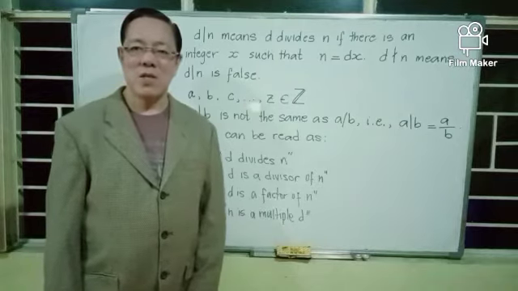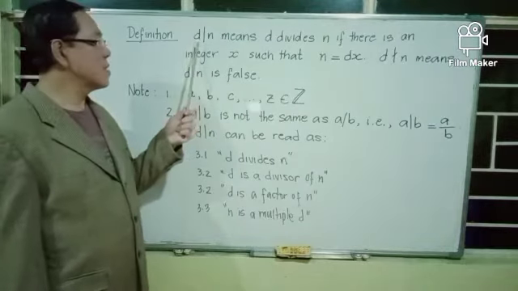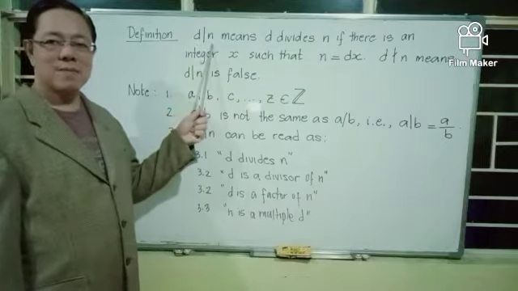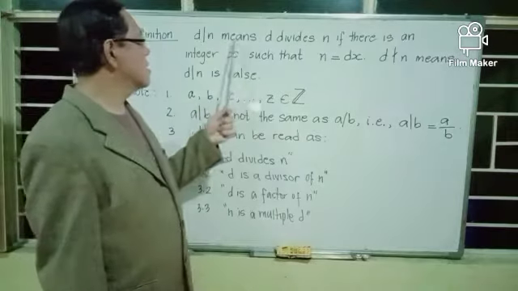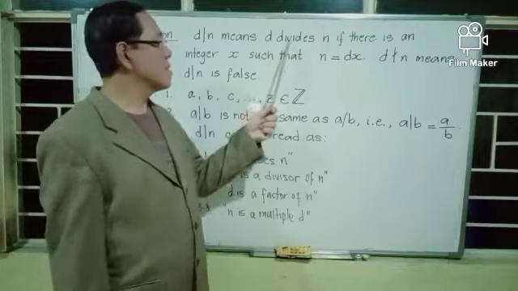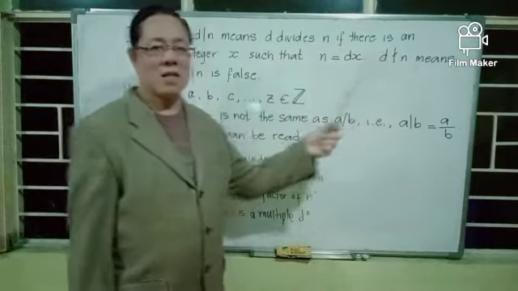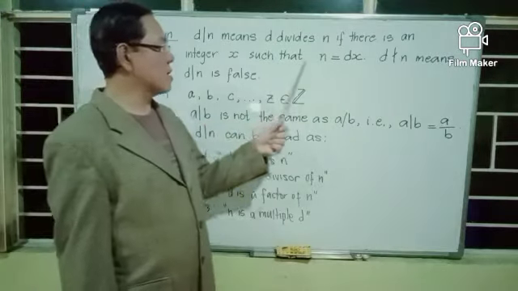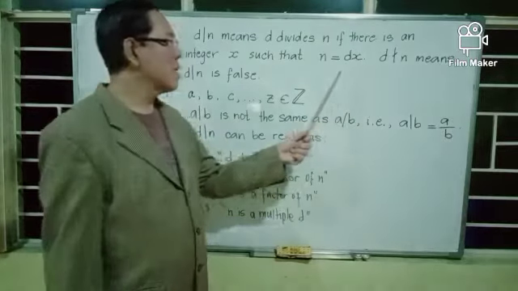Now we define division. This notation is read as d divides n. And d divides n means that d divides n if there is an integer, denoted by x, such that n is equal to d multiplied by x.